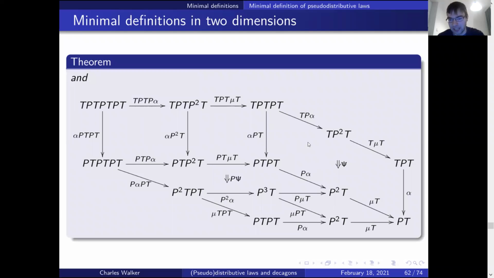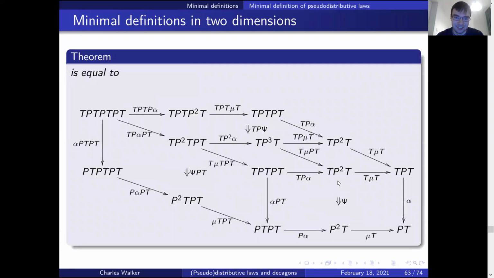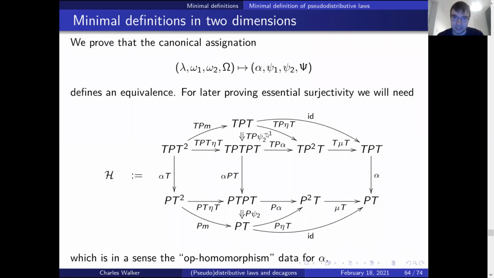And then you have the McLane's pentagon version of this. So some pasting of P, capital Xi and Xi should give this pasting of Xi, Xi PT and TP Xi. Right, and as for proving this, it's just a matter of proving that the earlier definition involving the decagons, the assignation of that into this, which is actually pretty easy to see is well defined, is an equivalence.